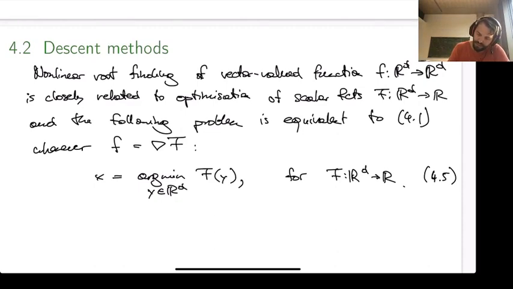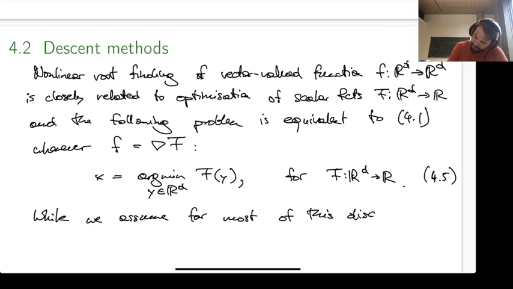So here in the following we assume that we actually know this integral of little f.